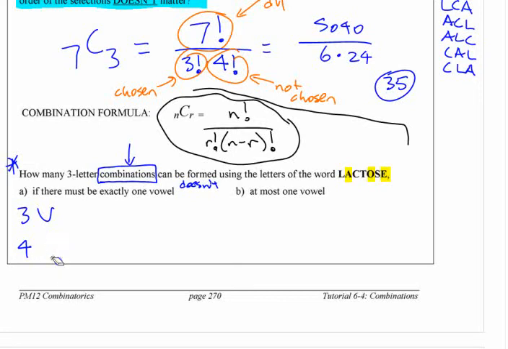I want to introduce you to a symbol that they use in probability and combinatorics. If you're using V for vowels, you can use a V with a line across it to mean non-vowels. A line across the top means not whatever that symbol is being used for.